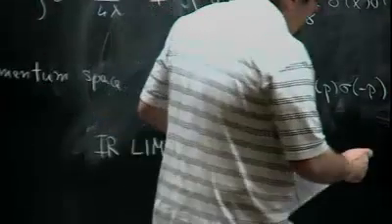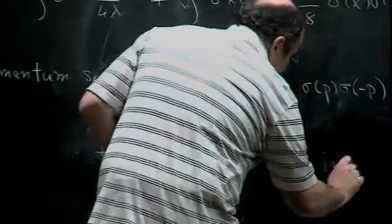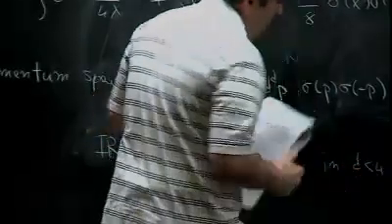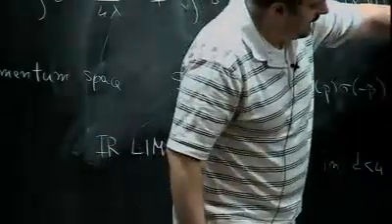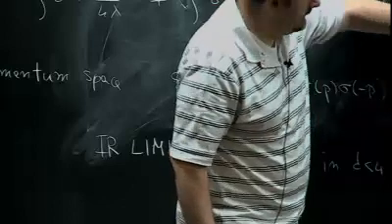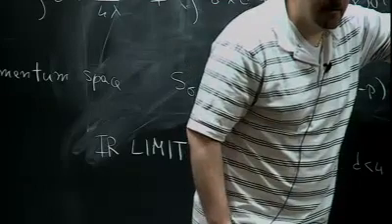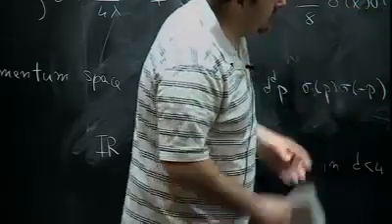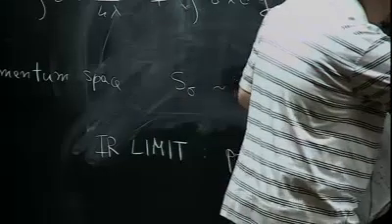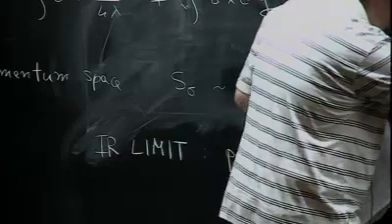Now you see that if we are in d less than 4, then this power is negative, and this term for low momenta is dominant compared to this term. Okay, so in the IR limit, this term gives a negligible contribution.